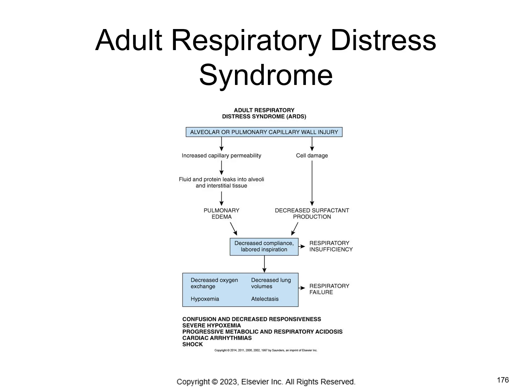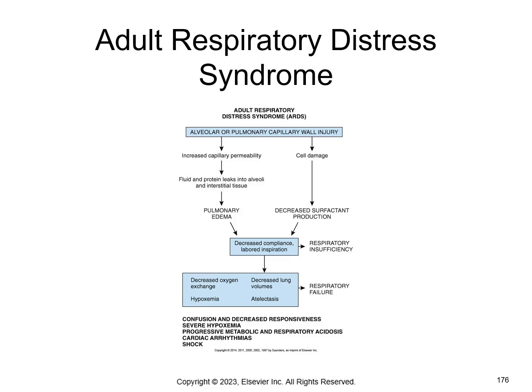Here we have an injury to the alveolar wall. This is ARDS. That increases the capillary permeability due to the cell damage. The fluid and the protein leaks into the alveoli and the interstitial space. This causes pulmonary edema. We'll see a decrease in the surfactant production. This decreases the compliance, leads to labored inspiration.